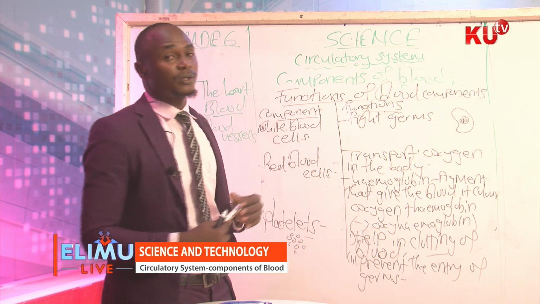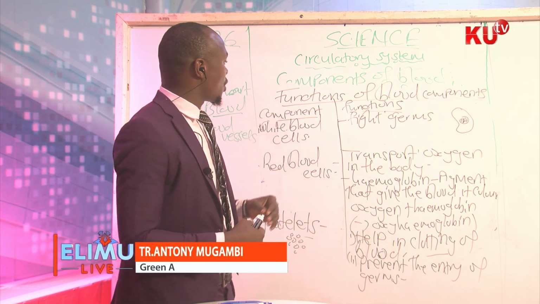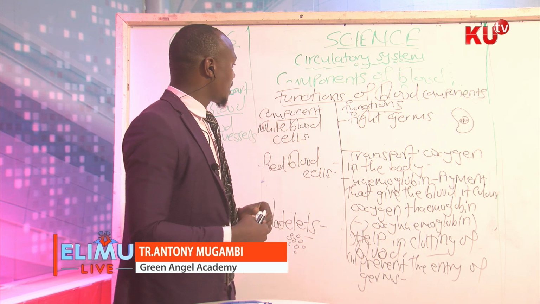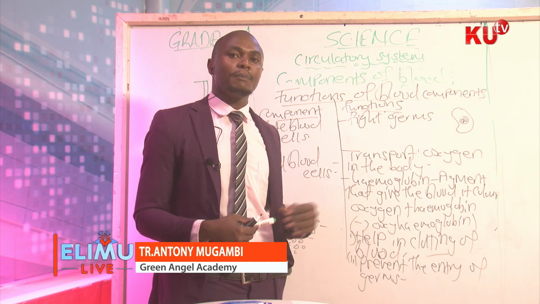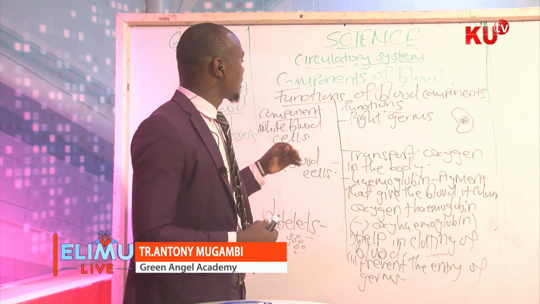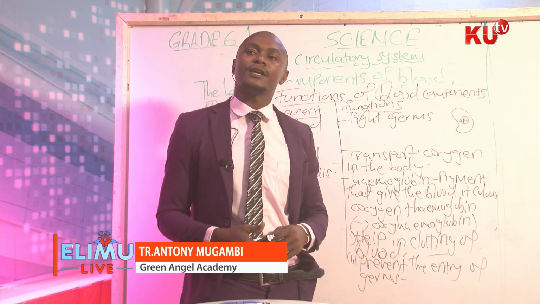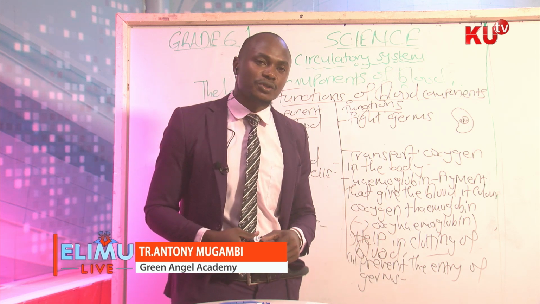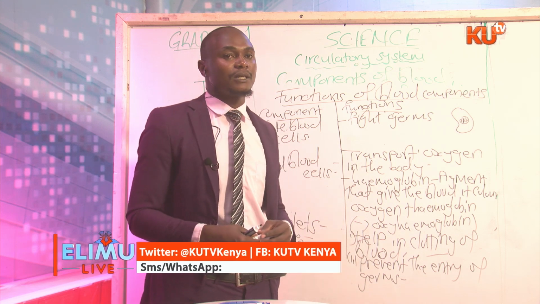We have also, learners, discussed the shapes of these components of the blood, where we began by saying that plasma doesn't have a shape. The reason why plasma doesn't have a shape is because plasma is the liquid part of the blood.